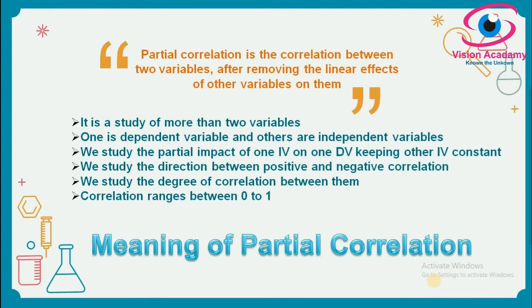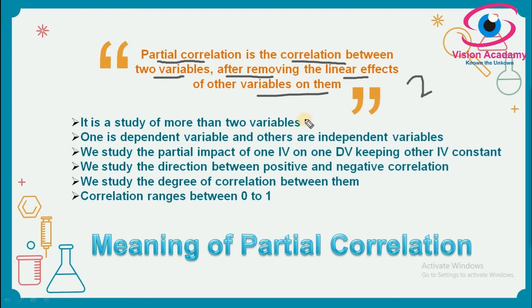Let us understand further. As I already explained, partial correlation is the correlation between two variables after removing the linear effects of other variables, which means we study the relation between two variables after keeping the third, fourth and other variables out of the ambit of the study.